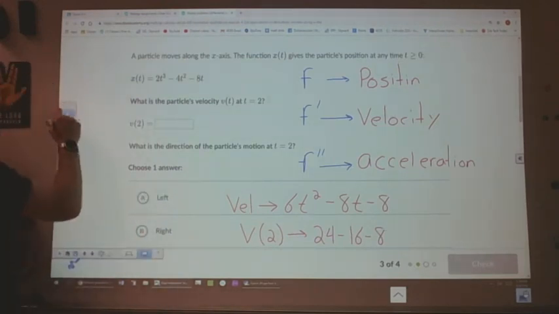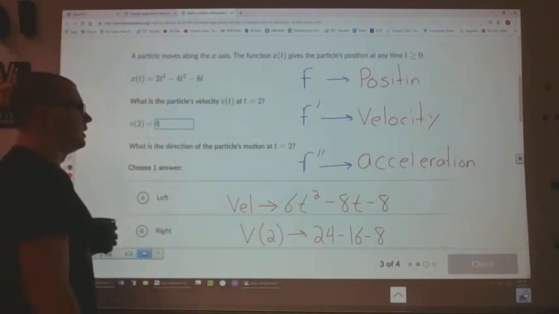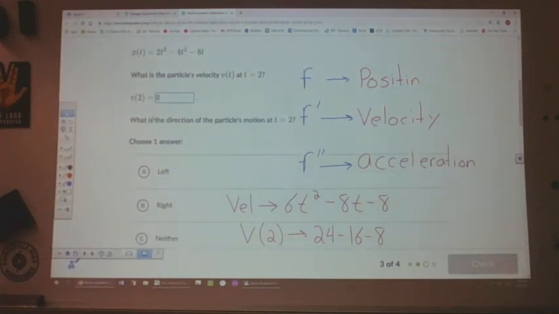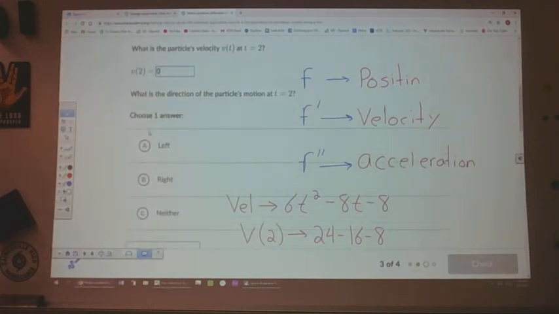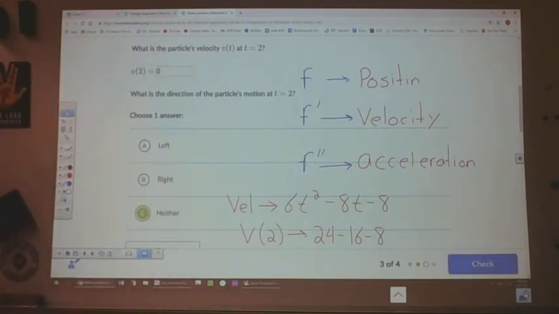It is stopped. What is the direction of the particle's motion at time equals 2? Well, its velocity is 0. It's not going anywhere. So we have to hope that there's another answer. Neither. Okay. So neither. It's not going anywhere. Its velocity is 0. It's stopped.